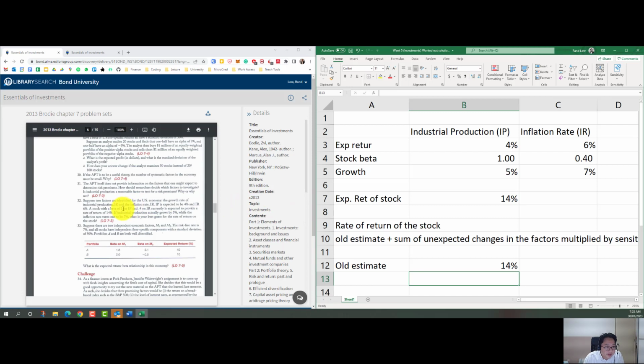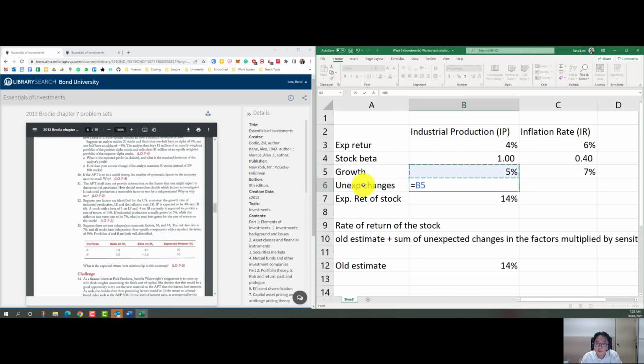We know these are the betas, but originally IP was expected to be 4% and IR was expected to be 6%, while this is what it actually grows by. Therefore it's the sum of unexpected changes, which means 5% minus 4%, because the old estimate was 14%.